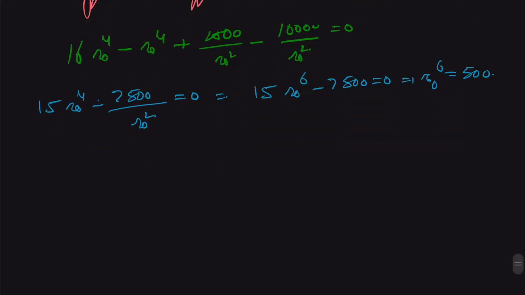So our R0 is equal to the 6th root of 500, which will be approximately equal to 3.17 centimeters. So we got our R0, and accordingly we can also find twice R0, that is 6 point something.